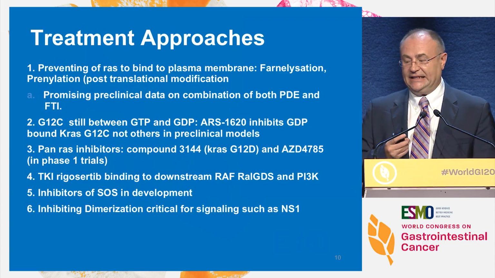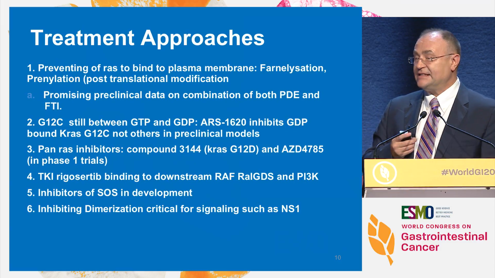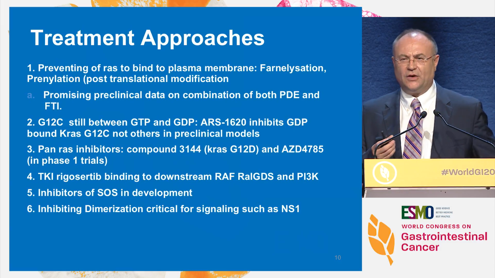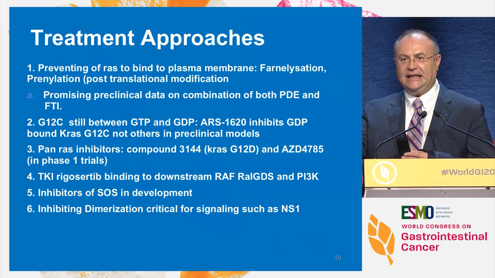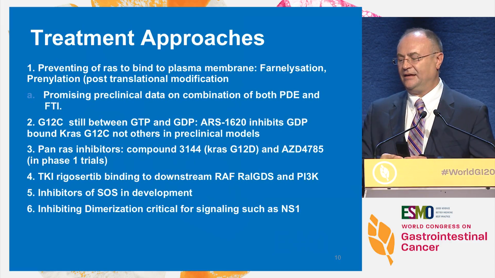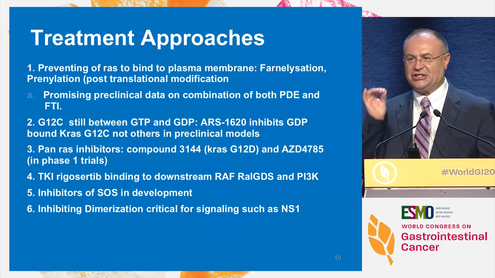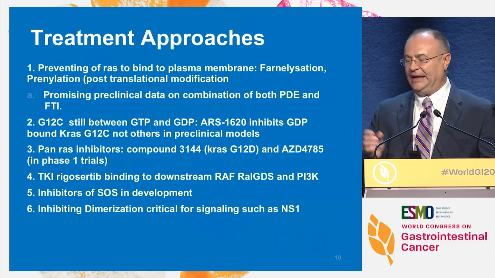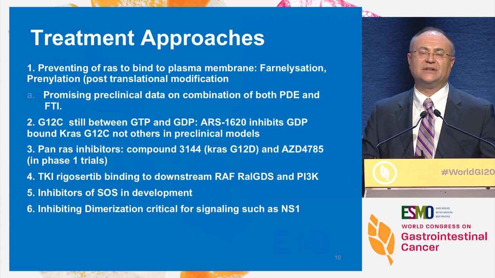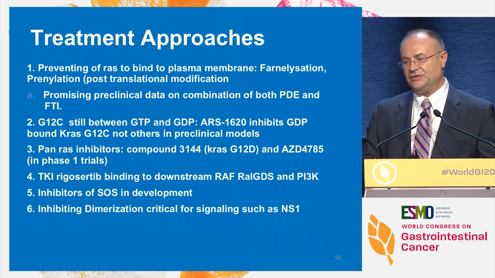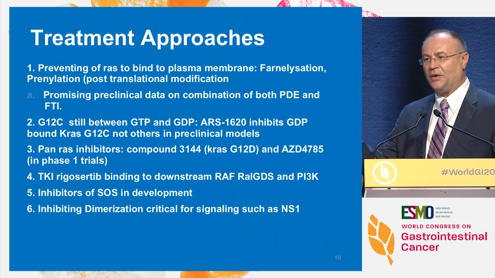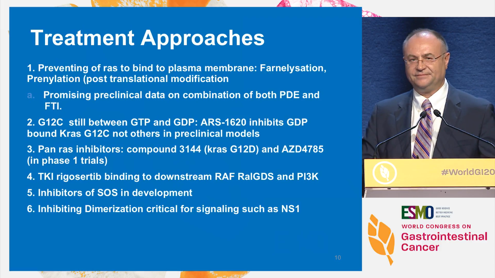For G12C, this is a very interesting mutation because it switches between GDP and GTP. So there is a compound which actually interacts with GDP and can interrupt the signaling of this mutant RAS. Preclinical models, very successful. It doesn't work in other mutations.